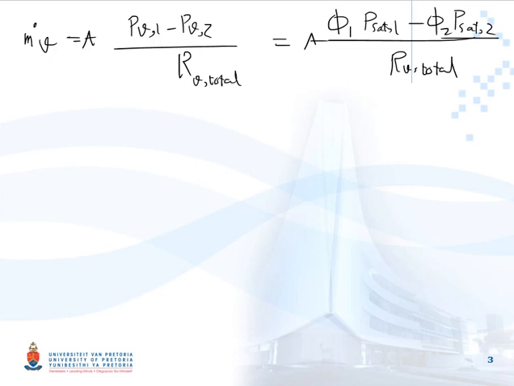Okay, so let's first start with this one. So phi 1 or relative humidity of 1 is 60%. How about the pressure? So at 20 degrees we go to the table.